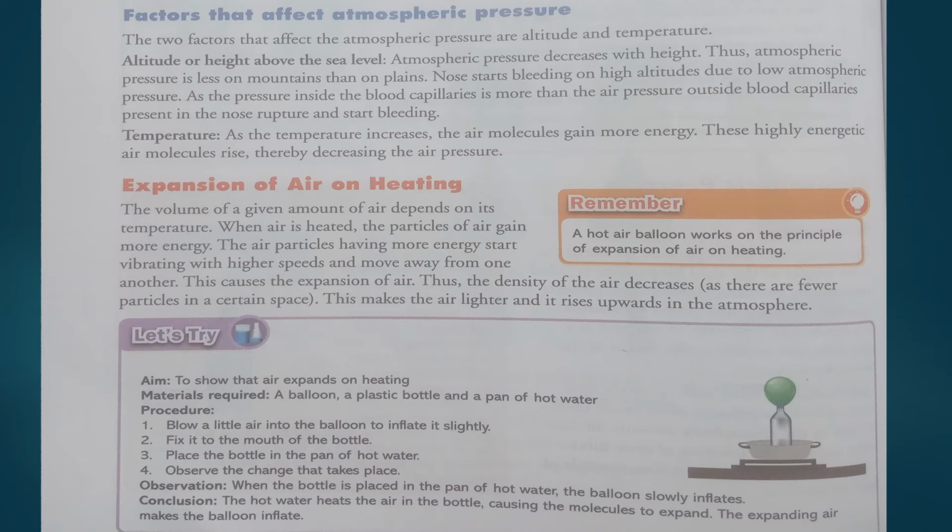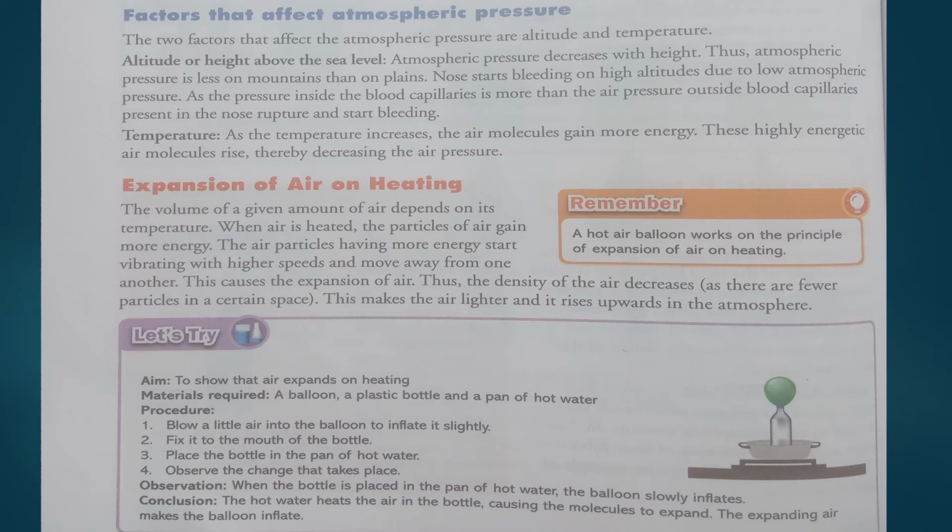Whenever the atmospheric pressure is less compared to our body pressure, sometimes the nose starts bleeding at high altitude because of low atmospheric pressure. As the pressure inside the capillaries is more than the air pressure outside, blood capillaries present in the nose rupture and start bleeding.